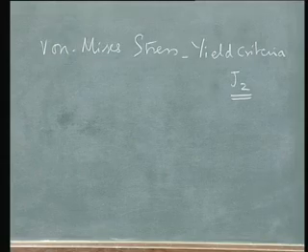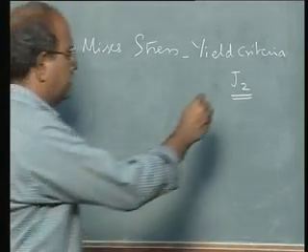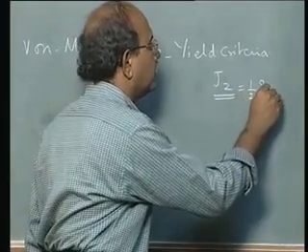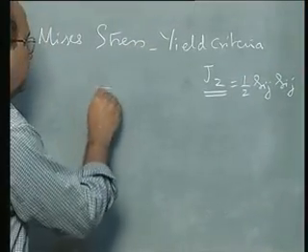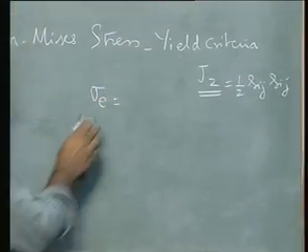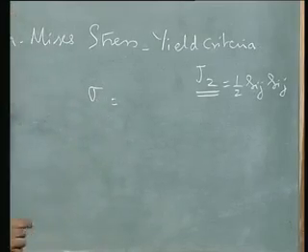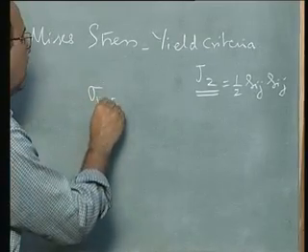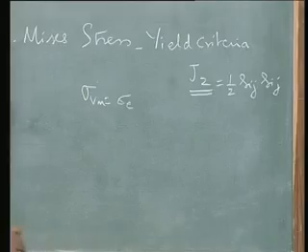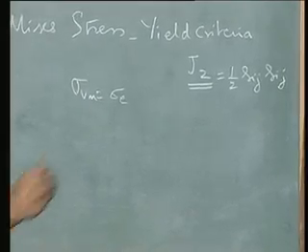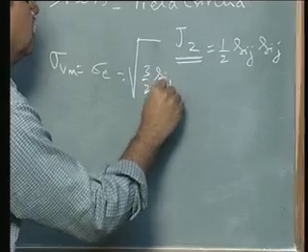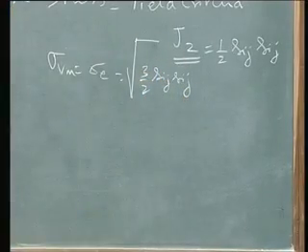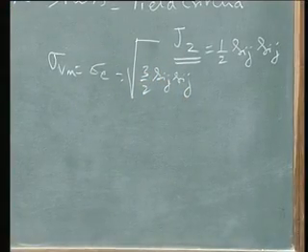And J2 we had defined in terms of Sij, and the Mises stress, which we will call the equivalent stress, is equal to root of 3 by 2 Sij Sij, is what we derived. We will keep it at that.